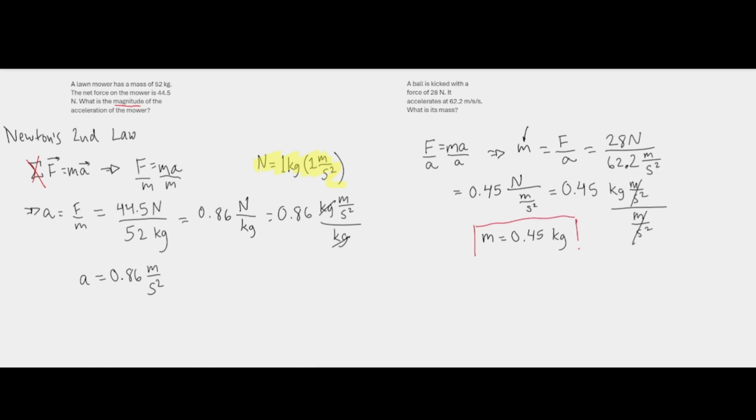So when I work these problems, one of the most important steps to ensure that everything was done correctly with the algebra and the arithmetic is to actually do the unit analysis and make sure that your final answer has units that make sense. If I'm looking for a mass, well, I'm going to have a kilogram unit. If I'm looking for acceleration, then I know that I need to have meters per second squared.